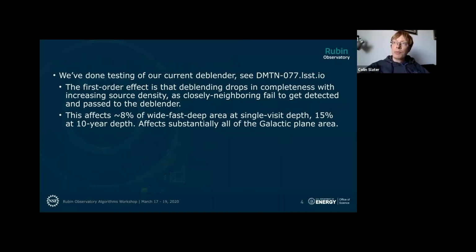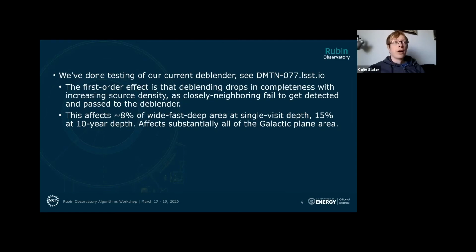So we've tested our current pipelines in high latitude, in crowded fields, specifically using the DECaPS survey that I showed you at the very beginning. And this is written up in technical note number 77 that you can get to at that link there.